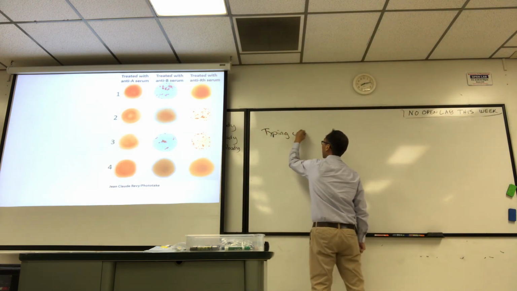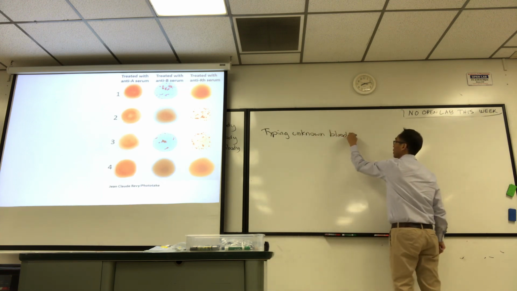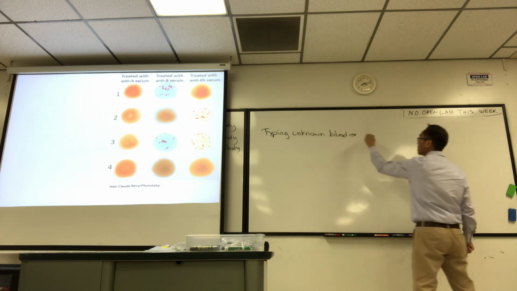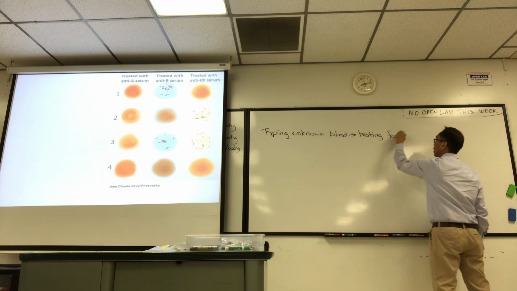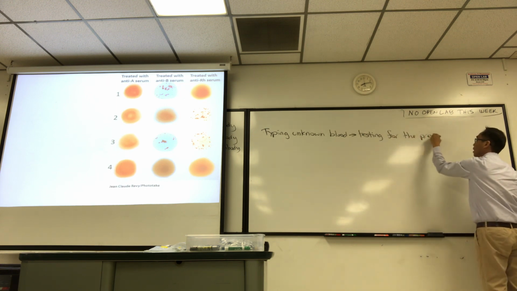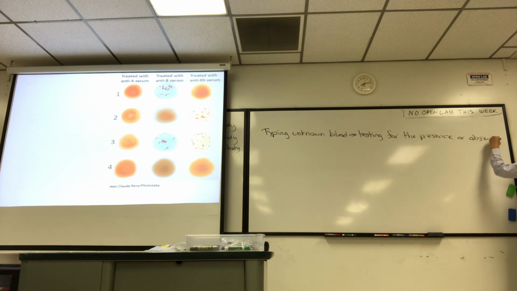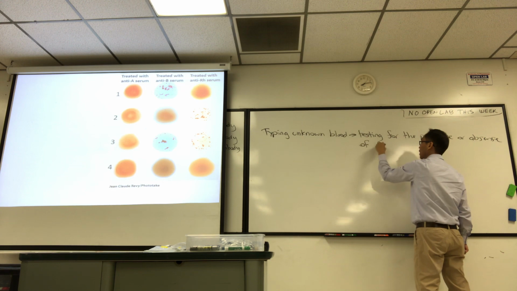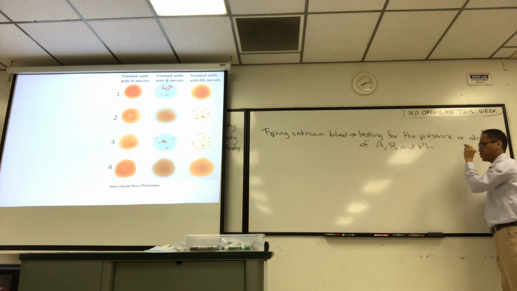Typing unknown blood. The test is you're testing for the presence or absence of A, B, and RH antigens.